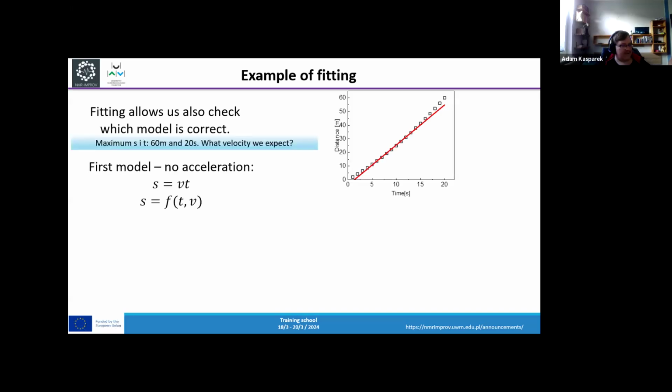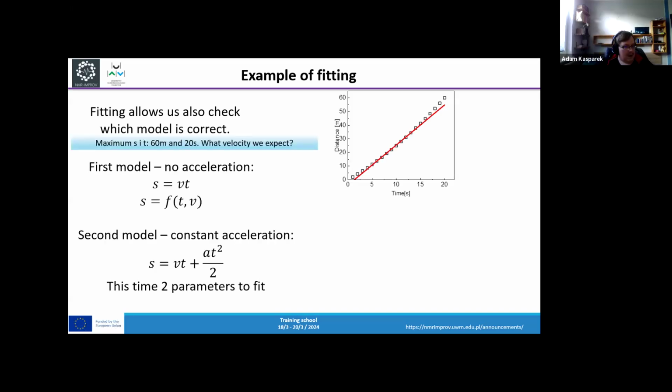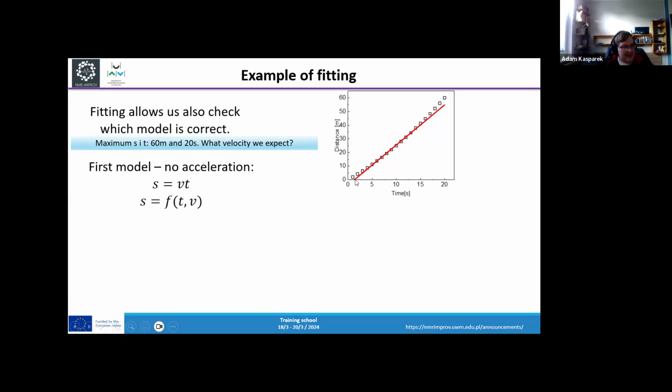I'm sorry, I got it wrong. And as we can see here, the result is not correct. If we looked at the R square, it actually wouldn't be very bad, around 0.97.